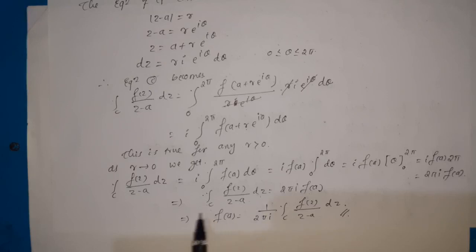Instead of integrating, we can directly write its value as 2 pi i f of a, where f of a can be evaluated from f of z by substituting z equal to a. So that is the use of this Cauchy's integral formula.